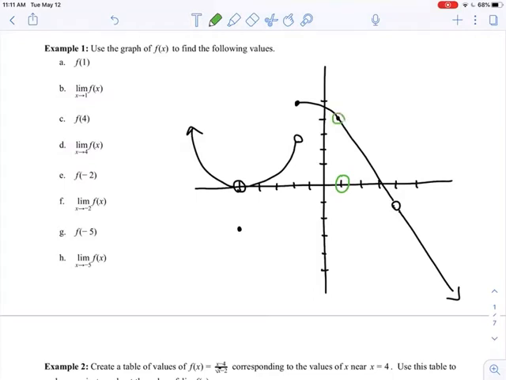In this case, my function exists right there. I can tell because of that closed circle. I'm just going to ask myself, well, what's the y value of the point right there that I've circled? Well, the y value of this point looks like 4. So f of 1 is equal to 4 here.